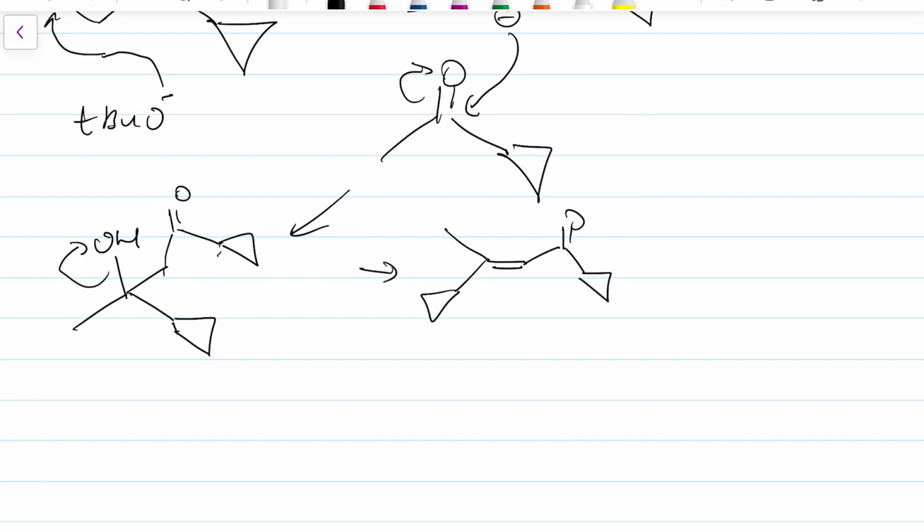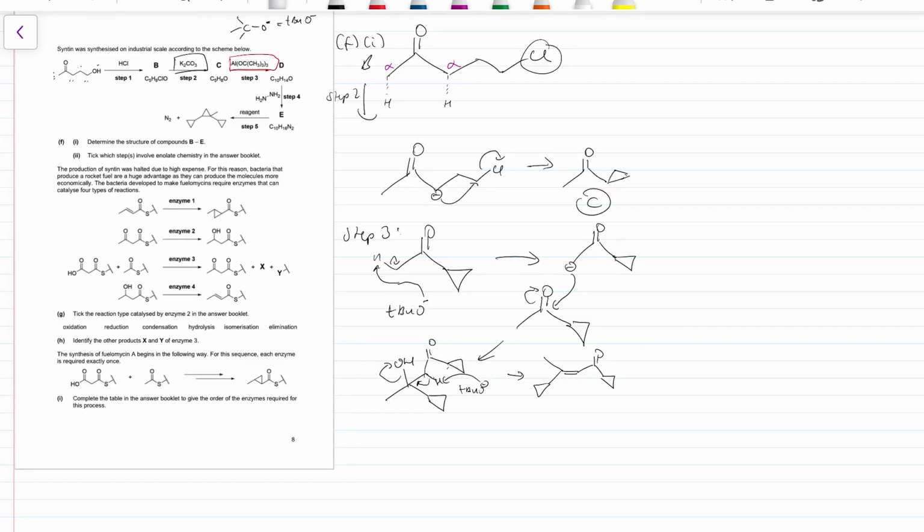So this probably doesn't all happen in one step. If you're interested in elimination reaction mechanisms, you can read Clayden, which is a great organic chemistry book, and I'm going to mention again in a second. This is probably going to be our final molecule here. If you check the molecular formula with what they've given us, I can tell you that they're going to be the same. So this is compound D here.